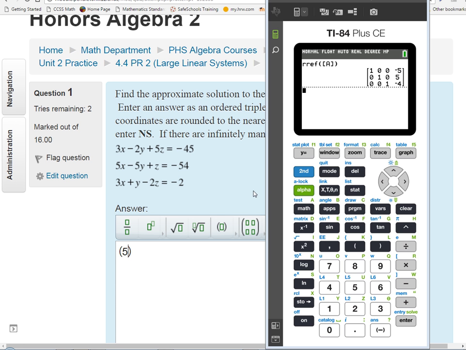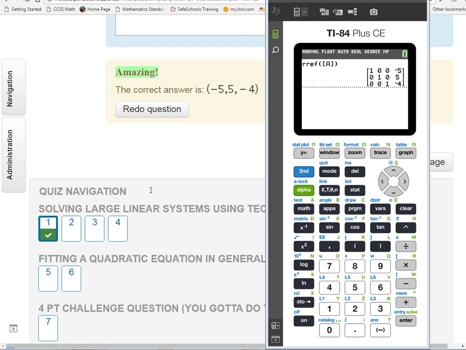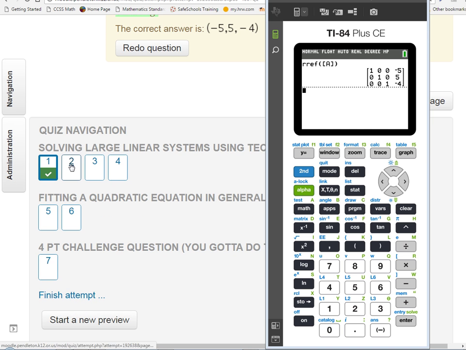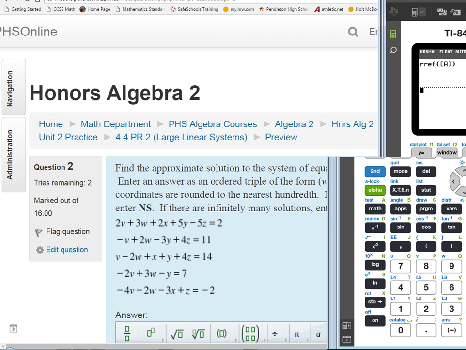So that's going to be -5 is the x value, 5 is the y value, and -4 is the z value. And there it is.